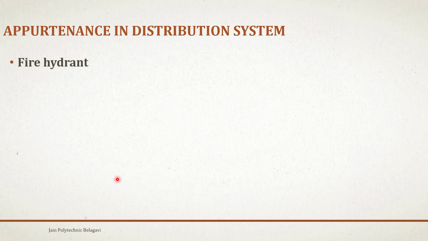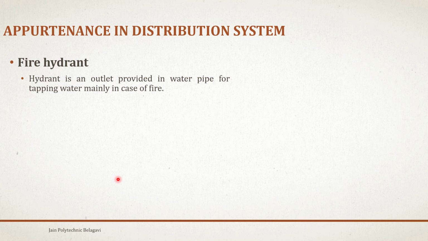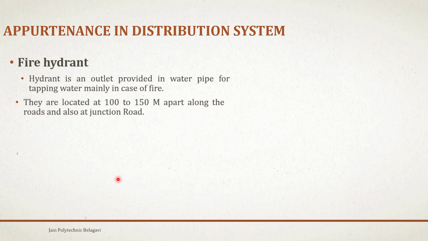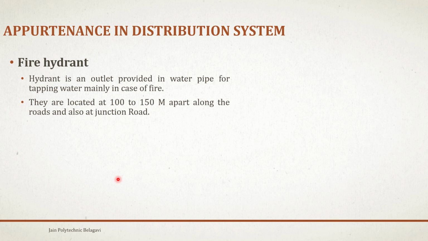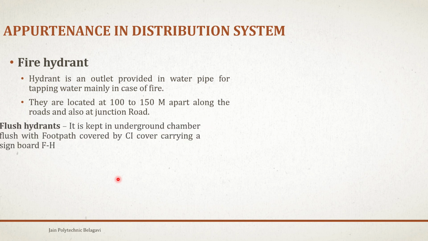That apparatus, we call the fire hydrant. A hydrant is an outlet provided in a water pipe for tapping water mainly in case of fire. They are located 100 meters to 150 meters apart along the road and also at junctions of the road.